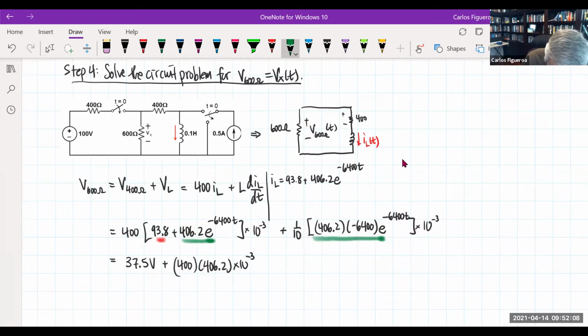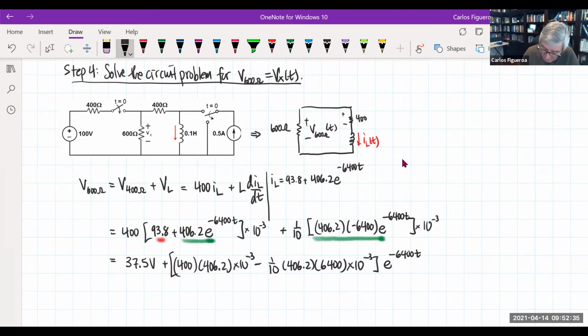And then I get a second term, and it's going to be a minus term. So I'm going to put minus in here. And you can see the minus is from the 6,400. So then I'm going to get 400 times 406.2 times 6,400 times 10 to the negative 3. And then this whole quantity is multiplied by e to the minus 6,400t like this. And my units are going to be volts.